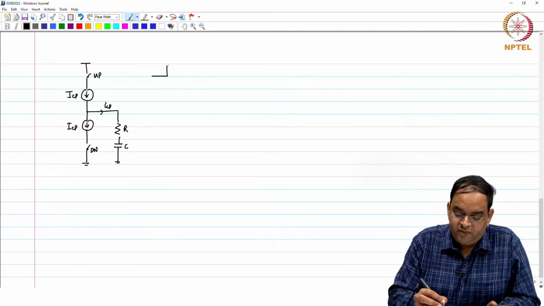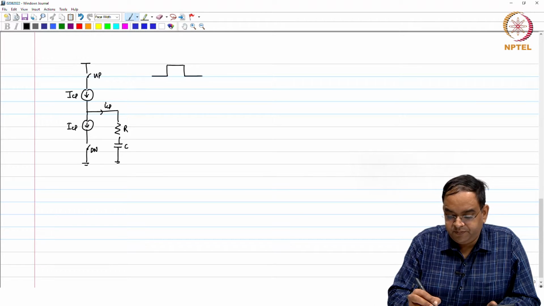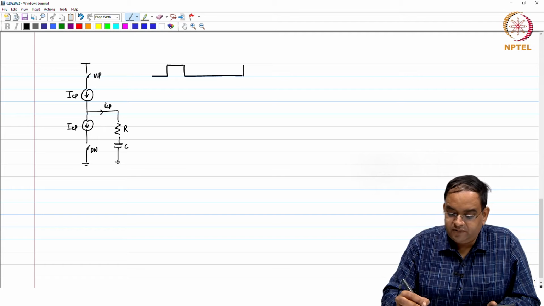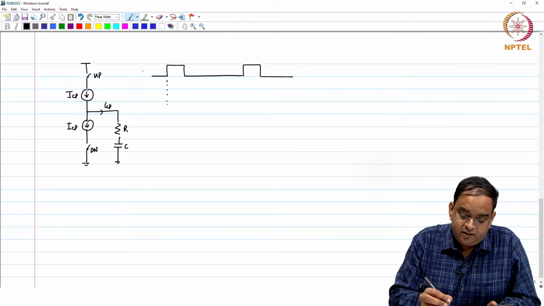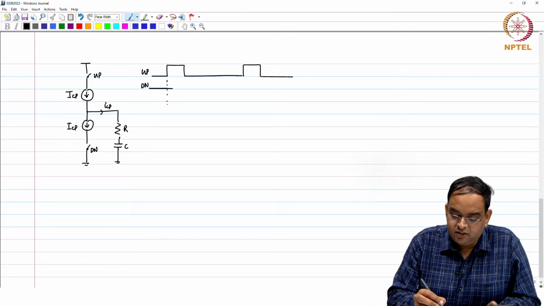So, I am going to draw my up pulse like this. It is periodic in nature. Okay, you can think about it, and this is up, and down will also be a similar square pulse with a lesser width.